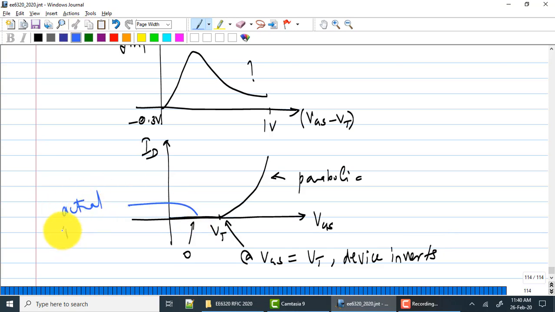The reason is because the device does not invert instantaneously at one threshold voltage. That is the first level model of the device. If I start from VGS very large negative values, the device starts from some region called accumulation.